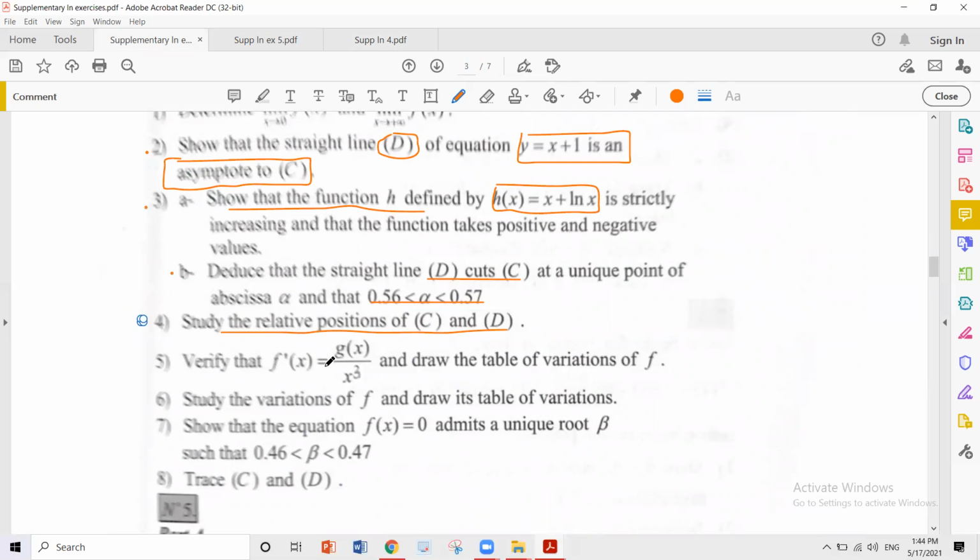5. Verify that f prime x equal g(x) over x cubed and draw the table of variations of f.